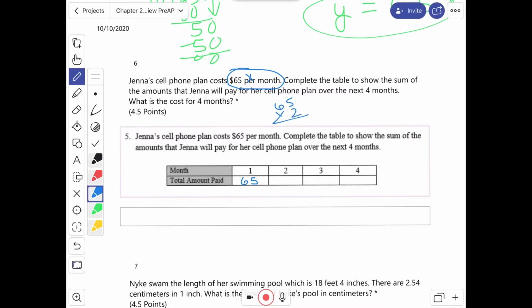The next one would be 65 times 2, which is 130. Then the next one would be 65 times 3. Seems like we're adding 65 every time. So for 4 months, 65 times 4, 260. So the answer would be 260. Her plan's going to cost $260.